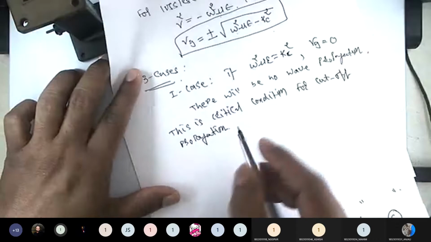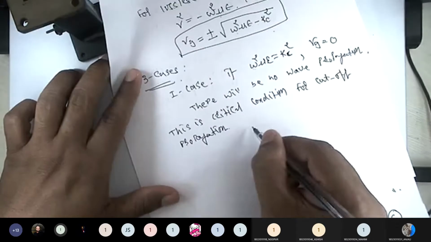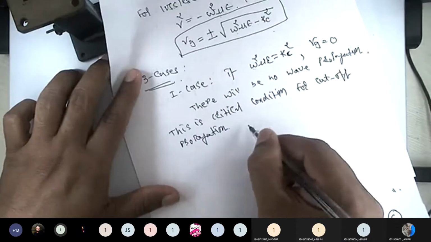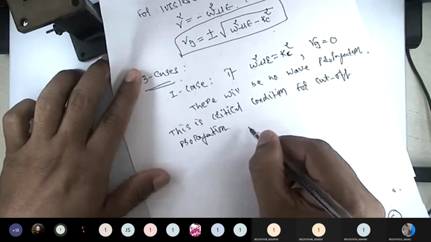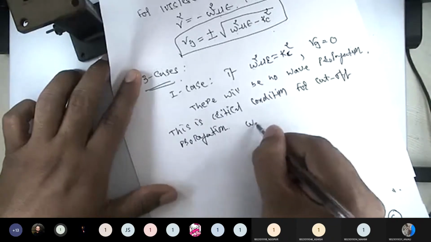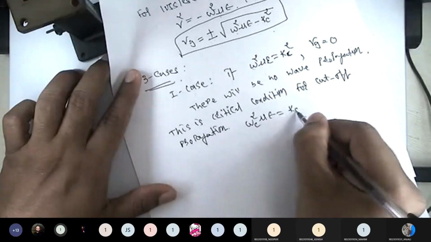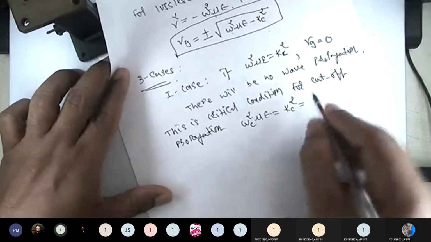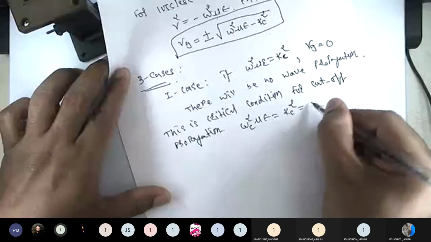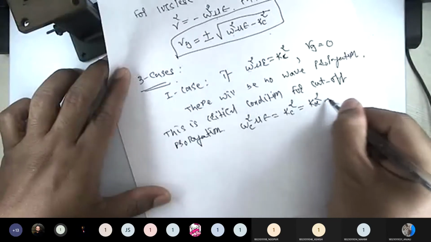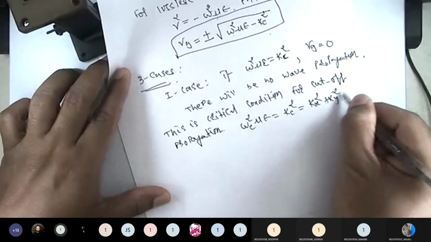That frequency is the angular frequency omega c, so omega c square mu epsilon becomes equal to kc square, which is equal to kx square plus ky square.